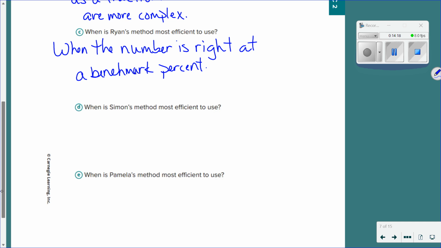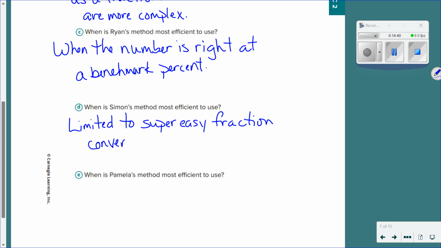Good, when it's a super easy conversion, right? So his is limited to super easy conversions, easy fraction conversions. But if it's a super easy one, then his will work. But his is really going to be very limited.